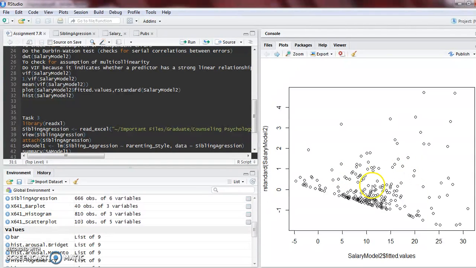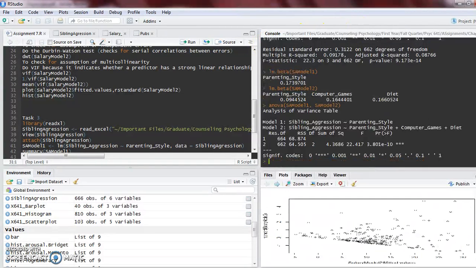Now linearity: if we see a curve, then there's no linearity. We're seeing a curve in our plot, so we can't assume linearity. Bummer.